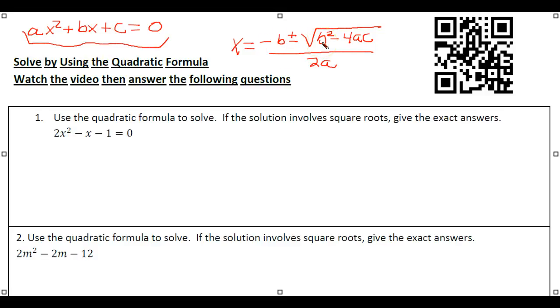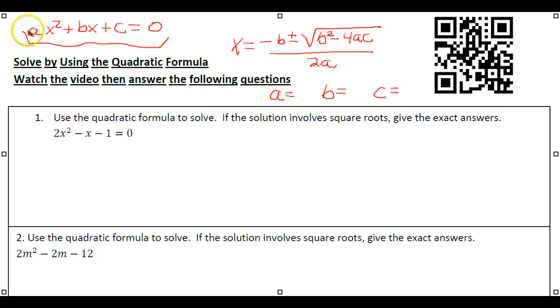We're going to be using the quadratic formula for all of these examples here, and while it's there we'll do the first one. And in the first one we're wondering, what is our A term, what is our B term, and what is our C term?